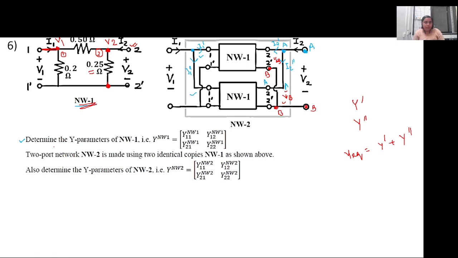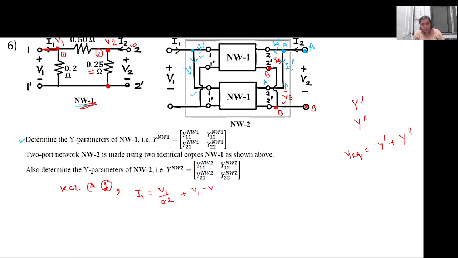Now, in order to solve for the admittance parameter, I'll write KCL. If I apply KCL at node 1, can anyone tell me what will be the equation? I1 is equal to V1 by 0.2 plus V1 minus V2 by 0.5.